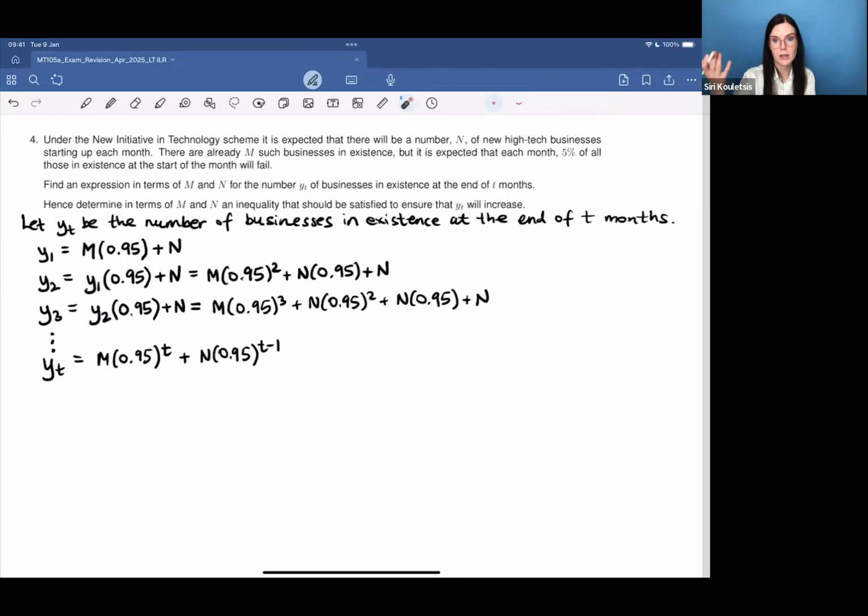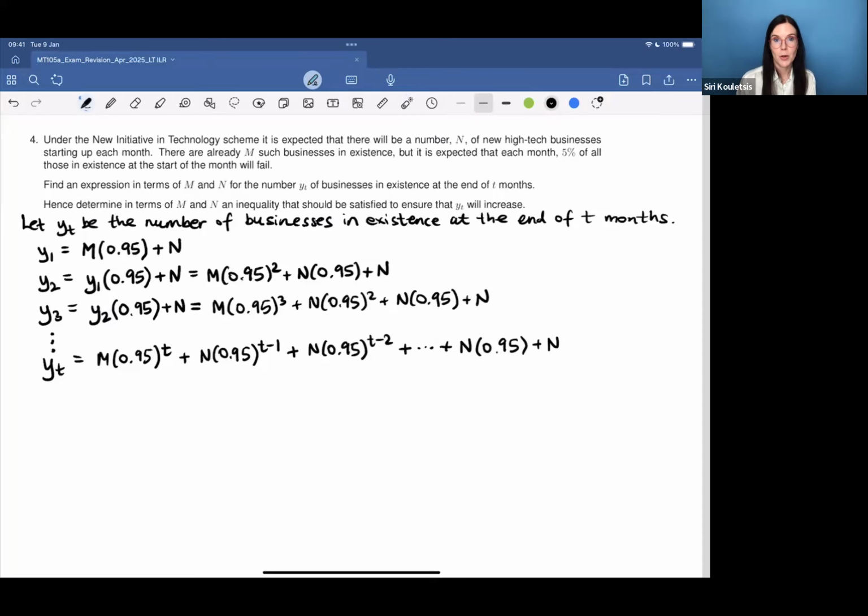So 0.95 raised to the power of 0, well, that's 1. And so this here, if we wanted, we could write down as t minus 2. It will continue like that, dot, dot, dot, all the way down to this tail here that we had above.